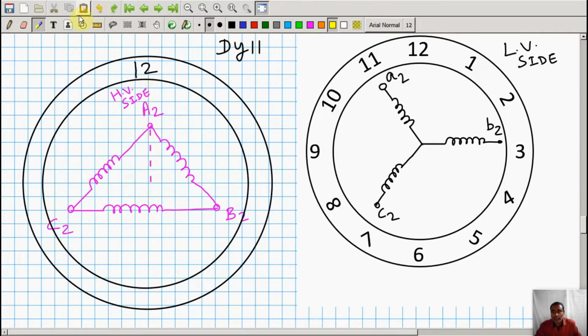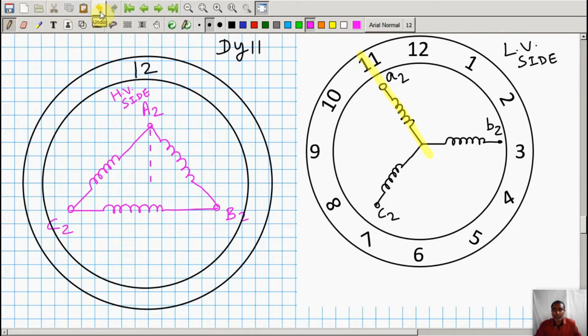Okay, so this was your HV side, and the LV side is also pointing towards 11 because it's 11 o'clock. Now you can compare to this diagram, it will be easier for you.